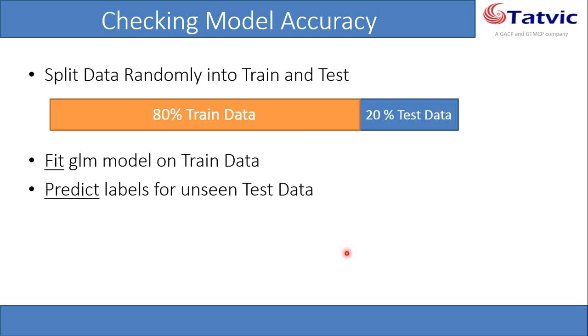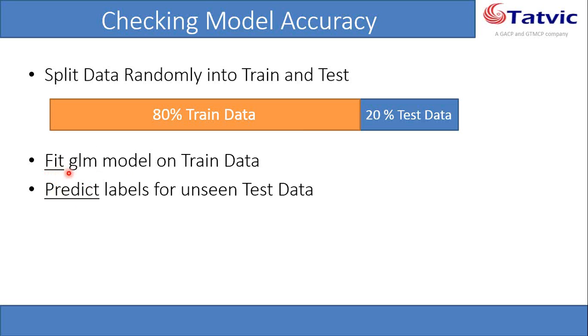So how we do that is we split the data randomly into train and test, because we have a lot of data. We just saw we had 32,000 records, and we'll fit a particular model. This model is logistic regression. As such, it is just known by a slightly different name in R. It's called GLM, where GLM stands for generalized linear model.